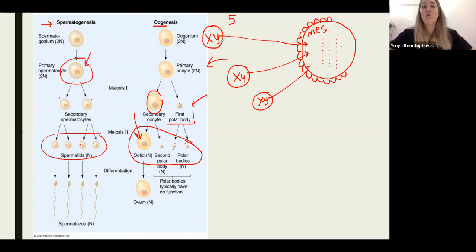Let's imagine the following situation. Let's imagine we aren't talking about a male. We're talking about a female. So I have here a PGC carrying XX chromosome, right? We're in the female. The same thing will be happening in the female. These PGCs come into the gonad. They divide mitotically and also align themselves into the sex cords. But sex cords do not persist in female.